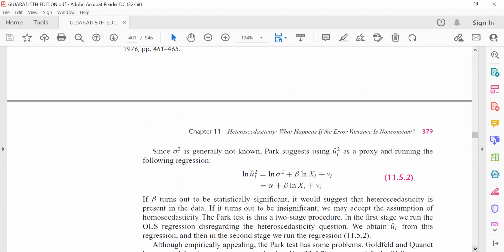First we run the data, we get the residuals, we square the residuals, then we transform the squared residuals into log term, and then we run it against the independent variable. If beta is statistically significant, it indicates that there is heteroskedasticity.